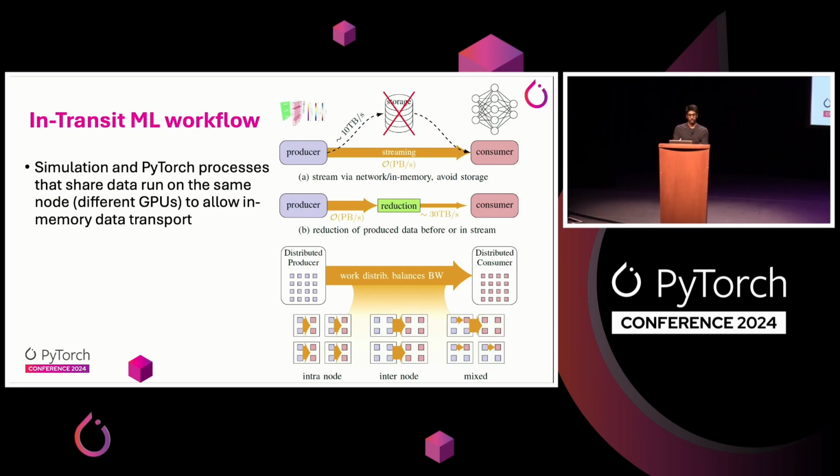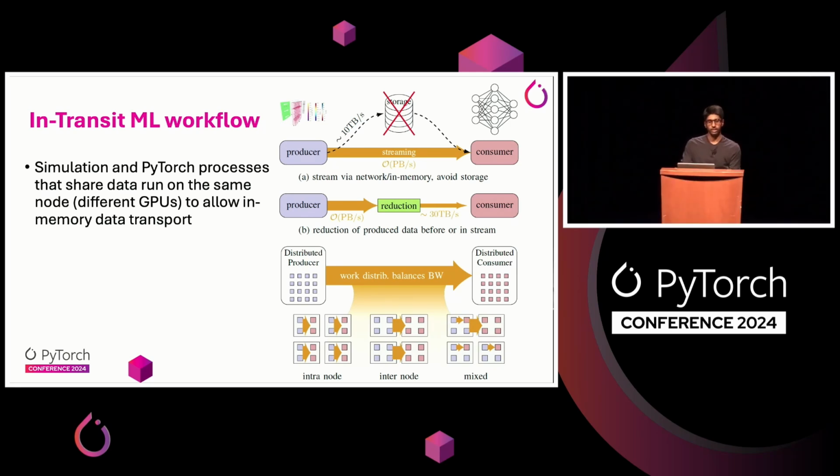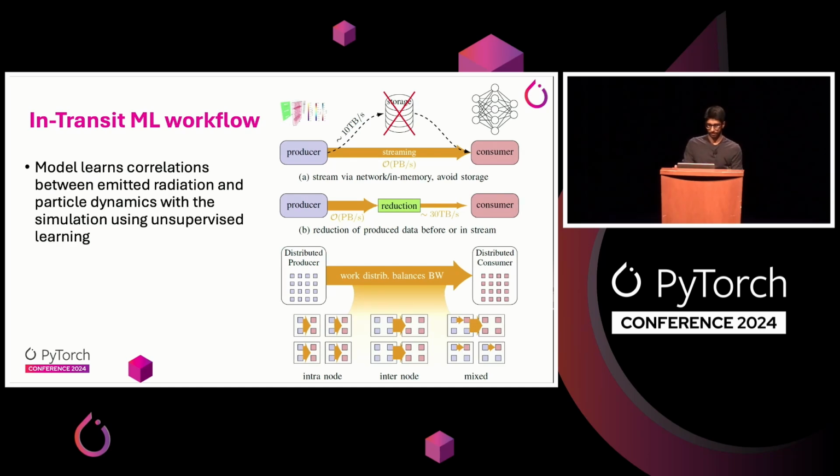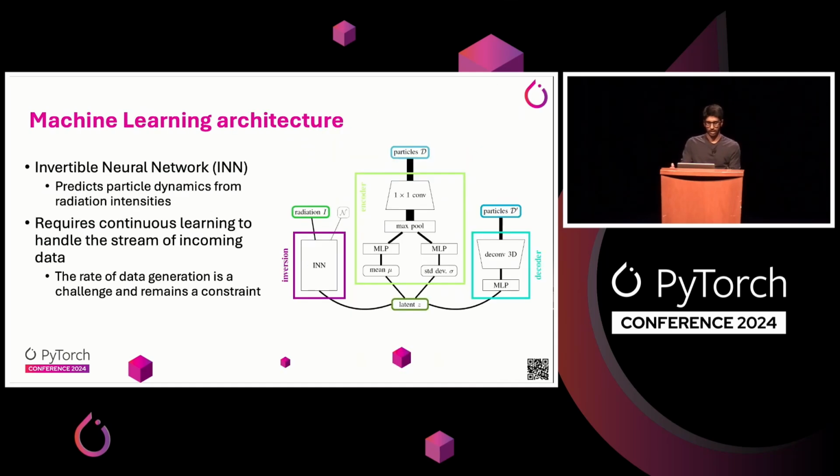In our case, we do intra-node streaming, where the simulation, which is the producer, and PyTorch, which is the distributed consumer, run on the same node but on different GPUs, so that in-memory transport of the data can be achieved. In this case, the model learns correlations using unsupervised techniques between the emitted radiation and the particle dynamics.